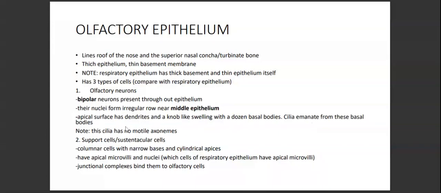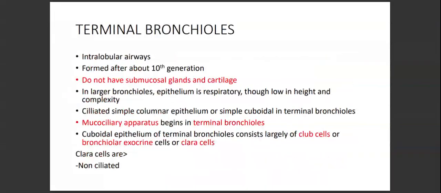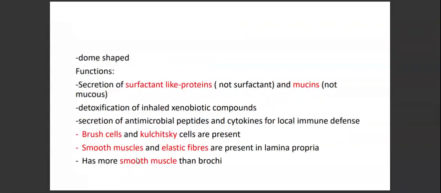I've actually mentioned that olfactory neurons are ciliated. So these Clara cells are non-ciliated. In terms of shape, they are dome shaped. That is what you have to know, those specific features: they're non-ciliated and they're dome shaped. That now brings us to their functions.